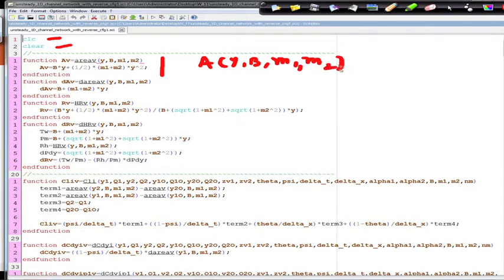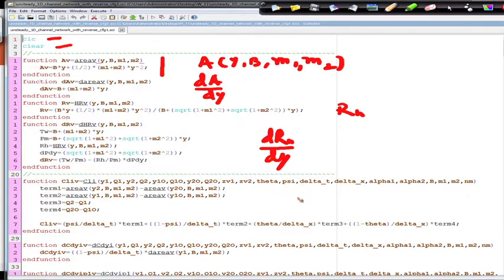These values are fixed values for any section. Only varying thing is y, this is dA by dy. Third one, this is R_h or hydraulic radius, and fourth function, this is dR_h divided by dy.